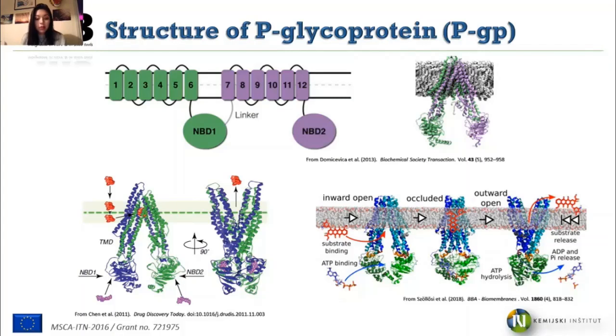In the outward-facing conformation, then, the two ATP molecules are bound to stabilize the nucleotide binding domain's dimer. So then when the ATP hydrolysis occurs, and this can occur at one of the two nucleotide binding domains, this resets the transporter to the inward-facing state.